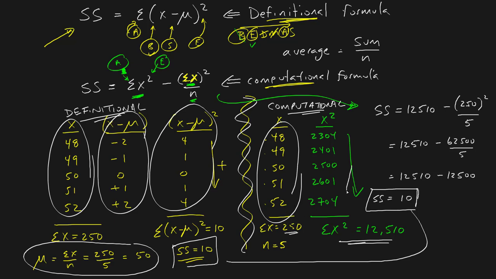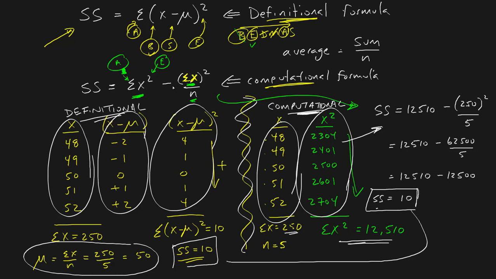We just had one other column, and then we jumped right into substituting things into our sum of squares formula. So it was a little bit less work. We only had 5 data points though. If we had 100 data points or 1,000 data points, it would have been a lot less work to use the computational formula.